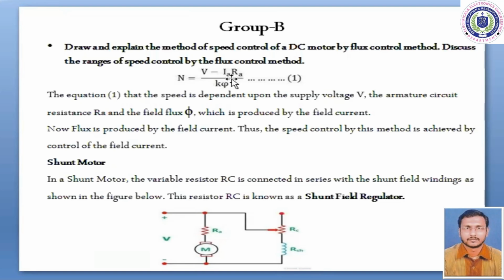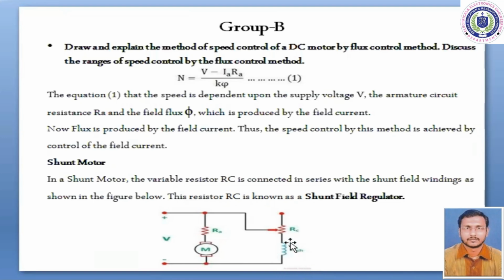Next, we are trying to apply the speed control to DC shunt motor and series motor respectively, along with the respective diagram. As you can see, this is the circuit representation of speed control of DC shunt motor by field flux control method.